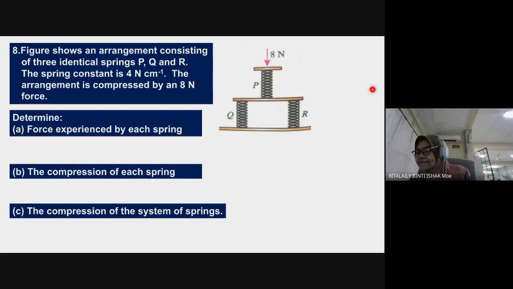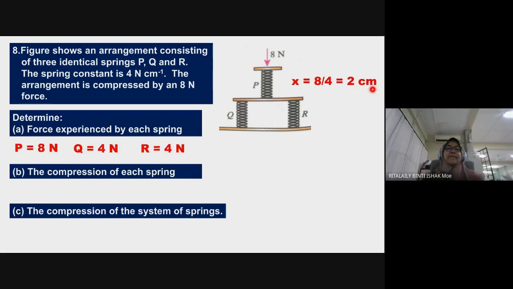Okay, P 8, Q 4, and R 4. Okay, very good. So since we know the force experienced by each spring, what is the compression for each spring?